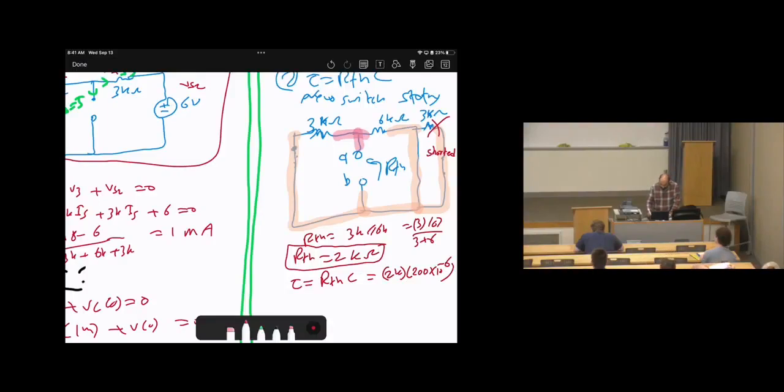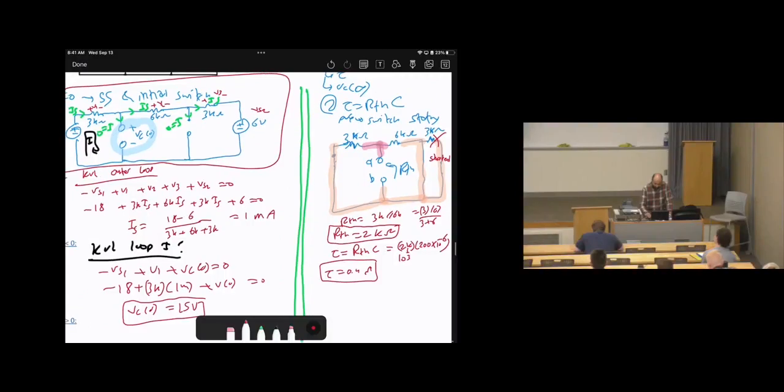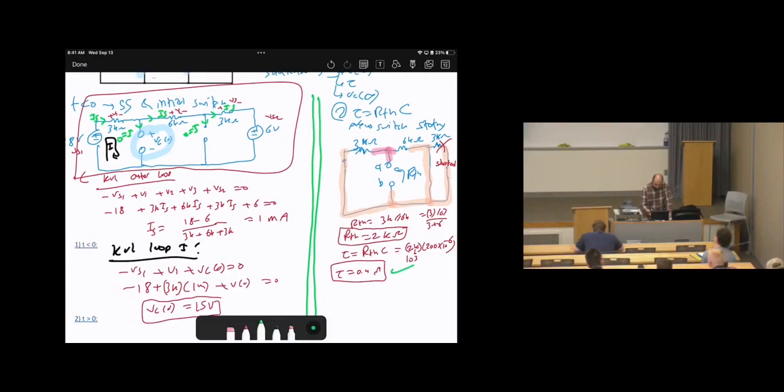So kilo is 10 power 3, then 10 power 3 times 10 power negative 6. There will be some shortcuts, so the answer tau will be 0.4 seconds. So now we just calculated the second unknown. Now we know two unknowns. Okay, is this clear?